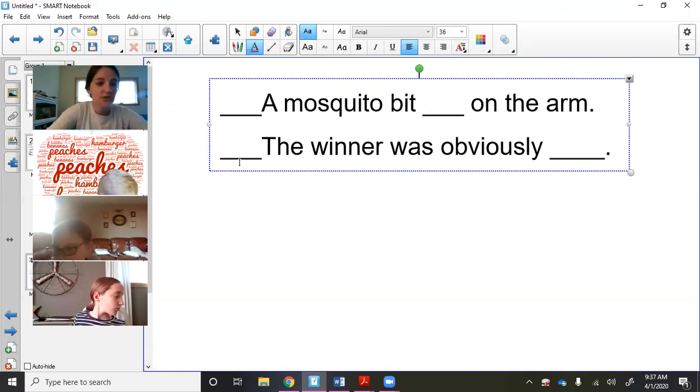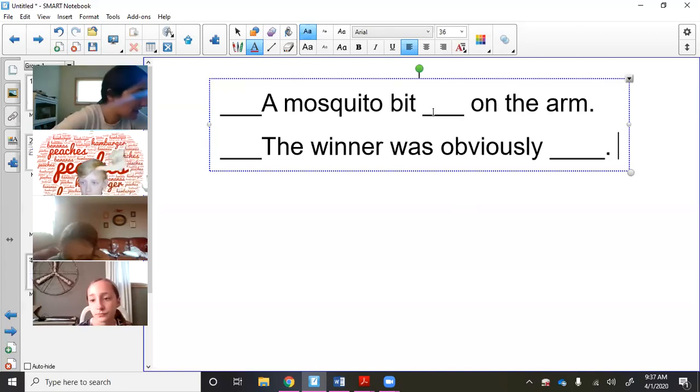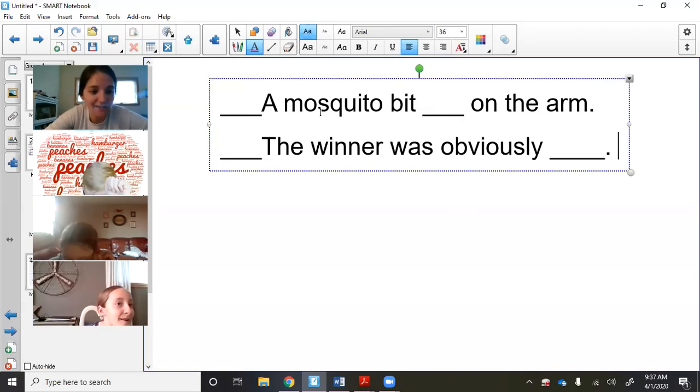Okay, so when we look at these sentences, let's look at this first one. It says a mosquito bit blank on the arm. First off, it would be me or I. And what would be the job of that? If we were classifying this sentence, we would ask, is mosquito nearly the same thing as I or me?